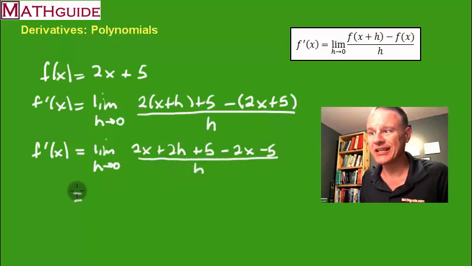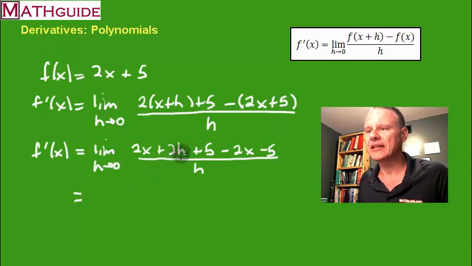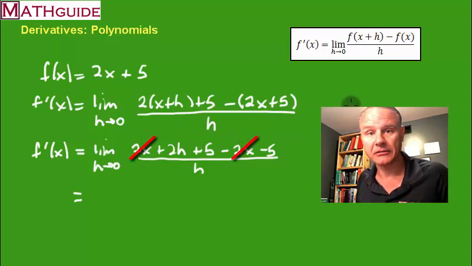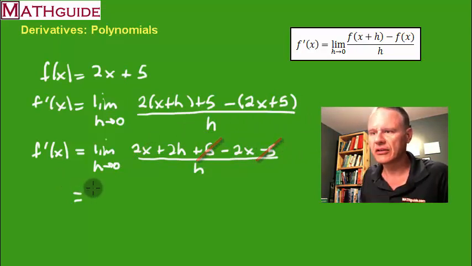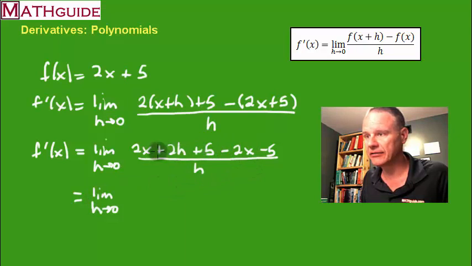Continuing, we can see a few things are going to happen. You can see that the 2x minus 2x cancel. You can see that we've got the 5 minus 5; they cancel. So let's take the limit as h approaches 0. The only thing left standing here was the 2h.